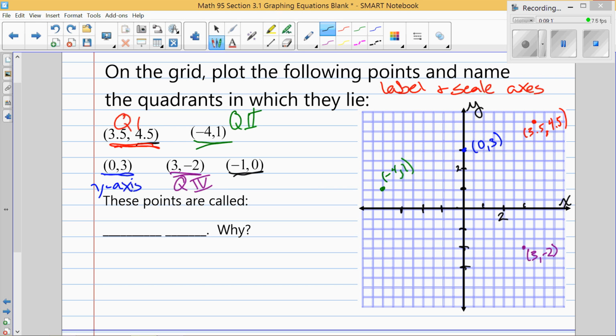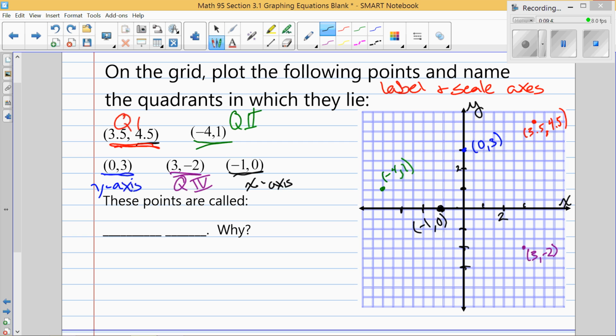It's the point (-1, 0), which means I go negative in the x direction. And then I don't go up or down at all for y, so that point is right here, (-1, 0). Again, it doesn't live in any of the quadrants. It is on the x-axis.